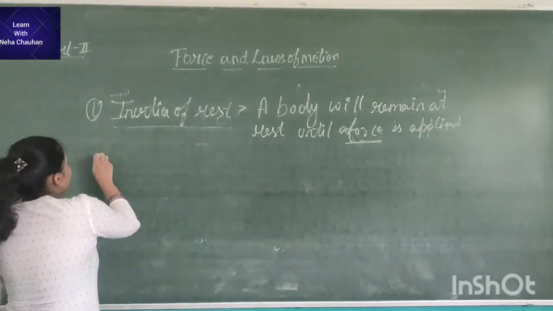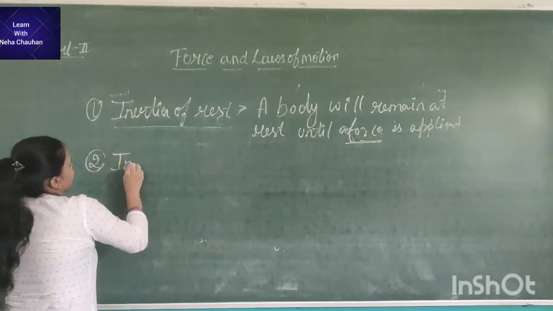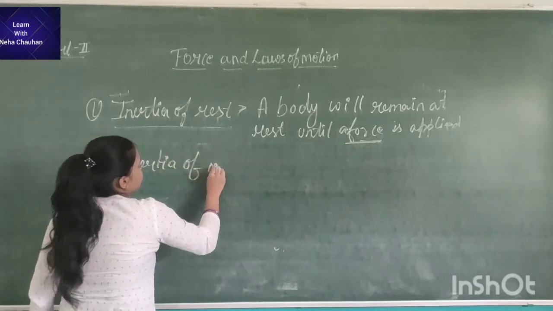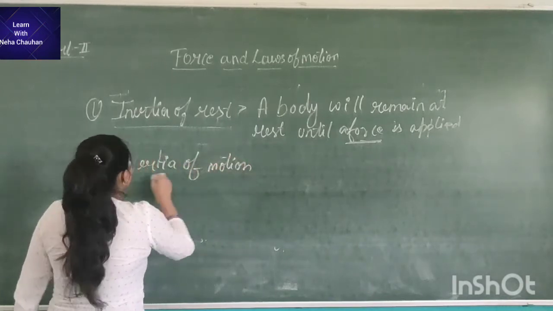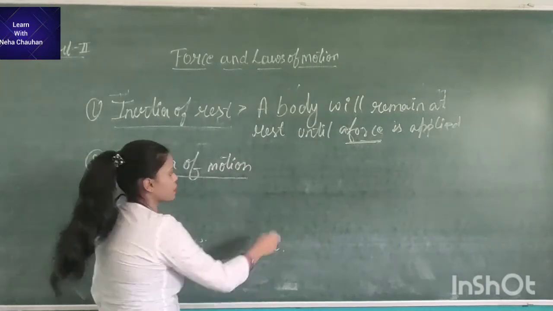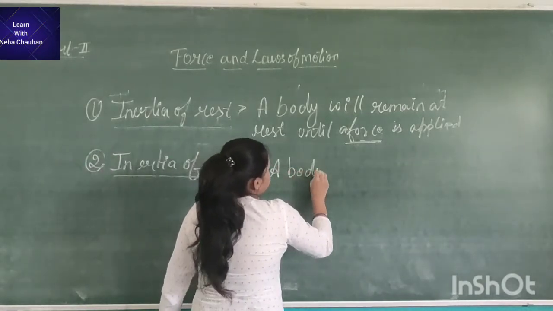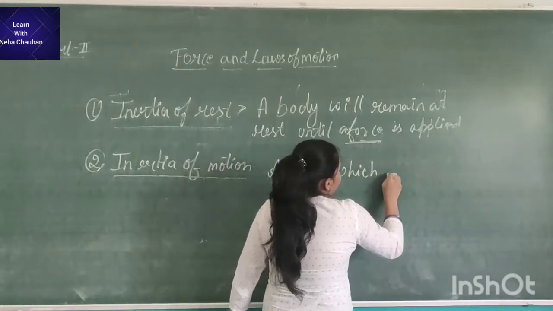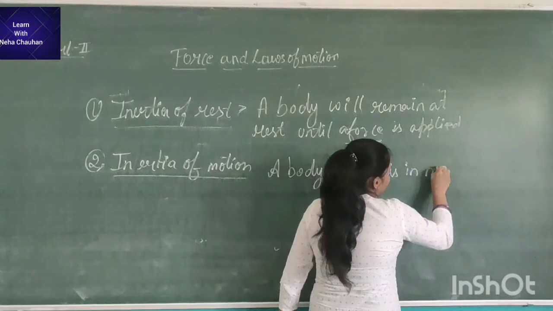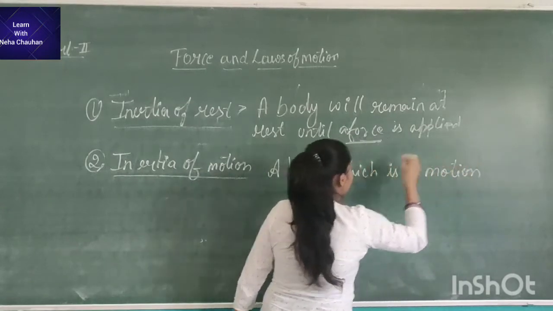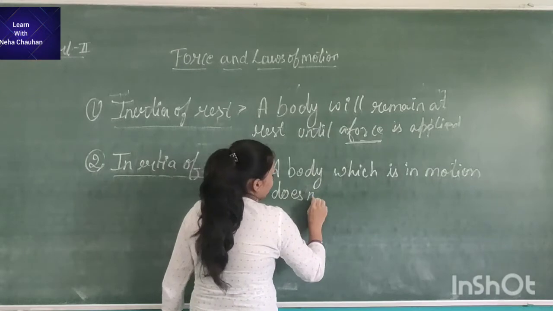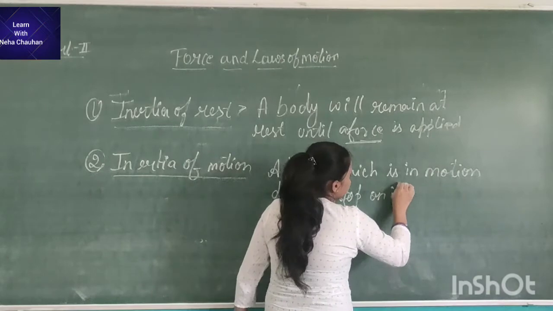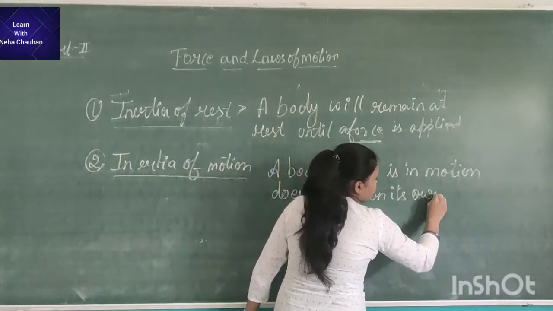The next type of inertia is inertia of motion. What is inertia of motion? It states that a body which is in motion does not stop on its own. What does it mean?